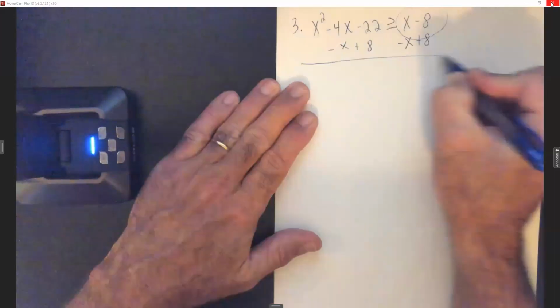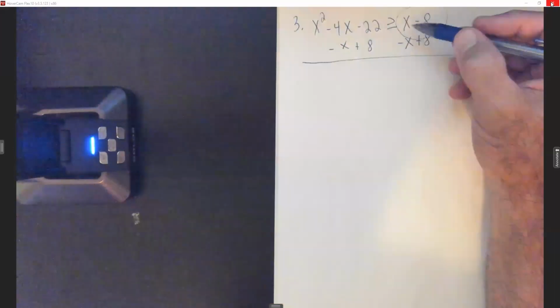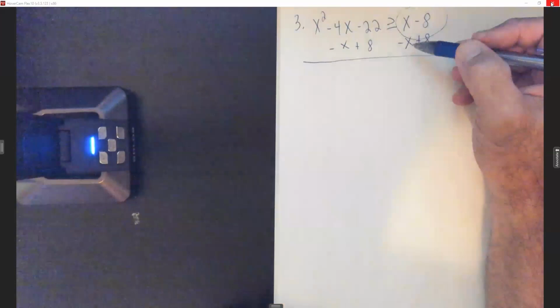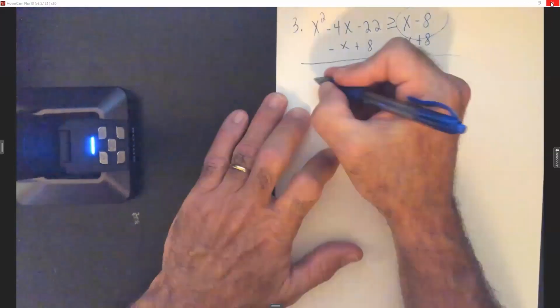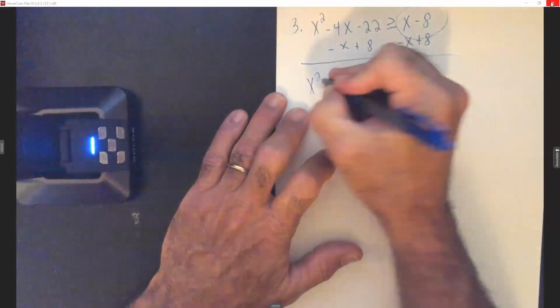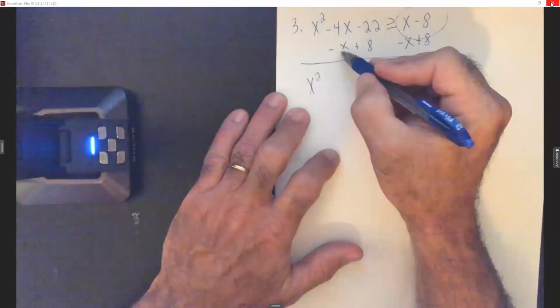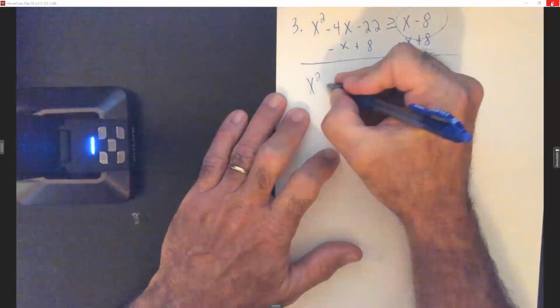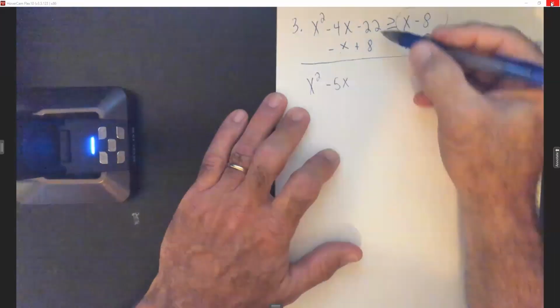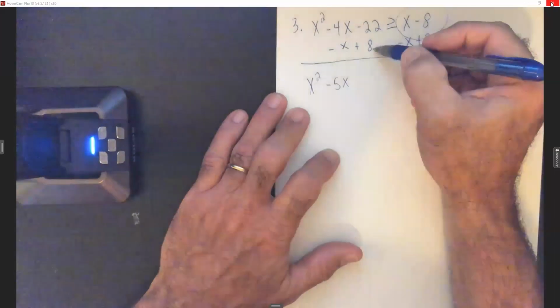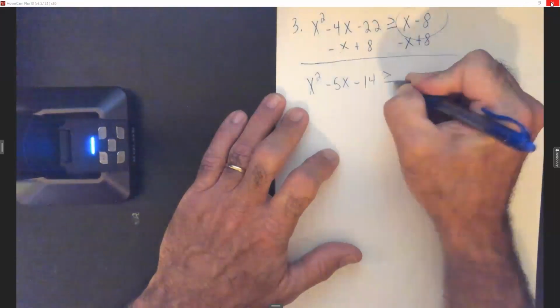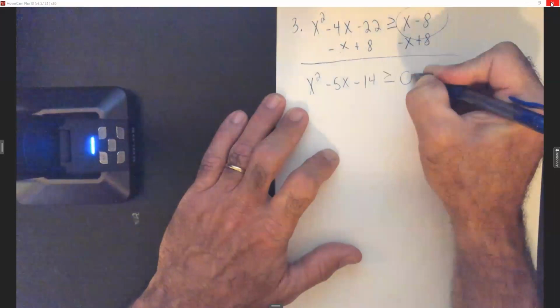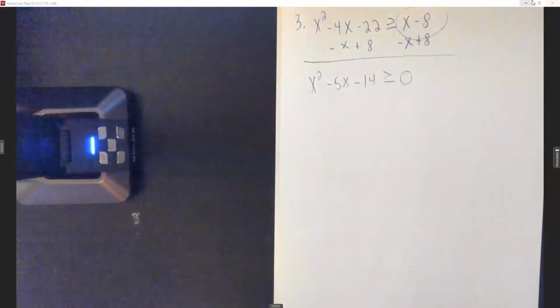So always, whatever you need to move, you're basically turning it into its opposite, okay? So let's see what we get. We get our x squared. Negative 4 and negative 1 give me negative 5x. Negative 22 plus 8 gives me a negative 14. And all of this has to be greater than or equal to 0. So by moving the right side, I now have a 0 over there.